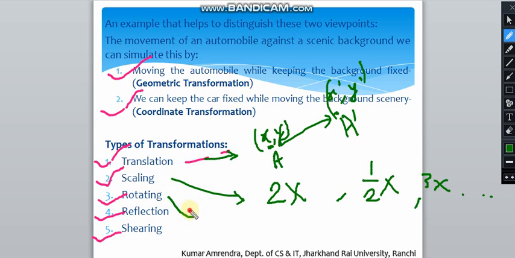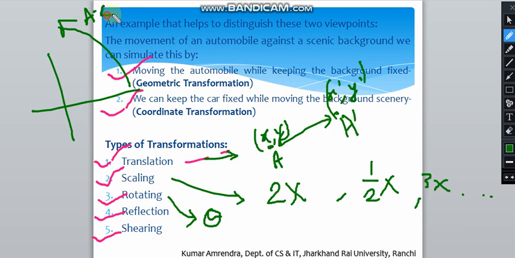The second one is rotating or rotation. In rotation, we have an angle theta and we rotate that object in 2 directions. The first one is anti-clockwise, AC, and the second one is clockwise, CW. So we rotate in these 2 ways with the help of the rotating angle theta. The next one is reflection.